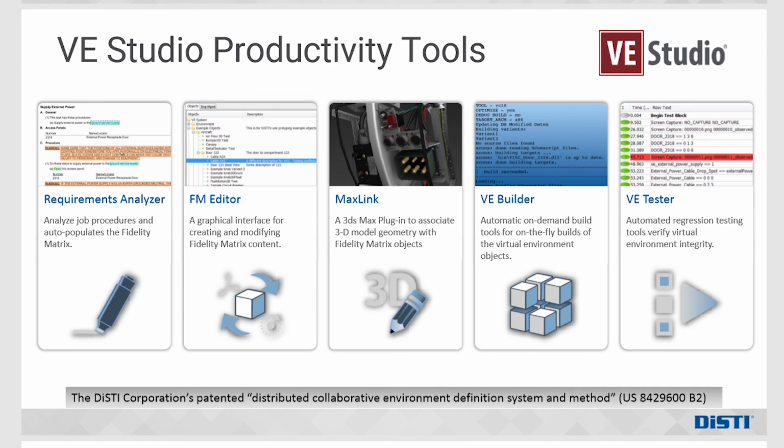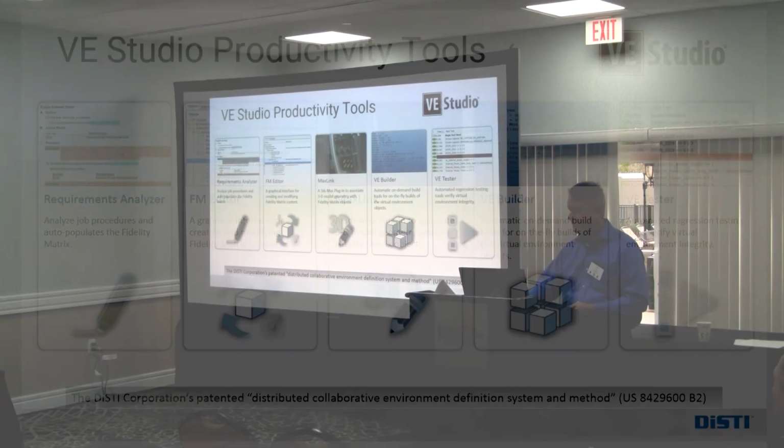Then we need to link what the artist developed in 3D Studio Max to those object representations. So we use something called MaxLink. And then we use our VE Builder tool to collect all that data together and turn the crank and export the executable of the file that we need to run as the trainer. And then we have some automated tools for testing those executables.